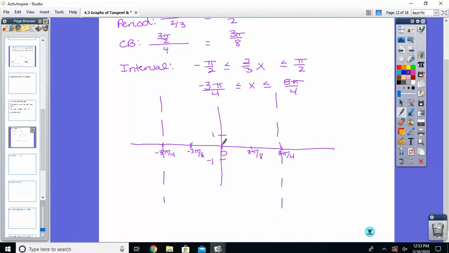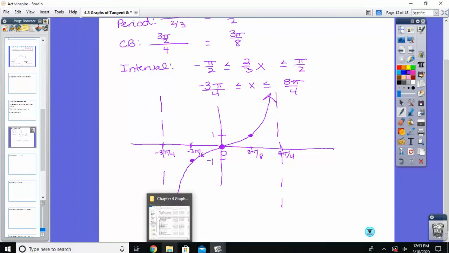The middle point will be where you're at 0. And then tangent was increasing. So at negative 3 pi over 8, we're going to be at our negative amplitude, and then we'll be at our positive amplitude. And so our graph looks like this.